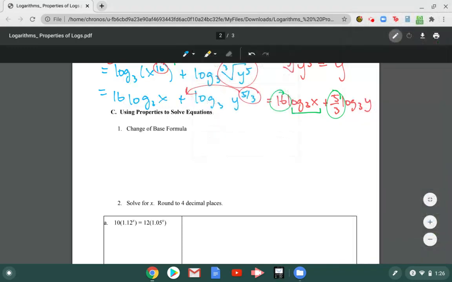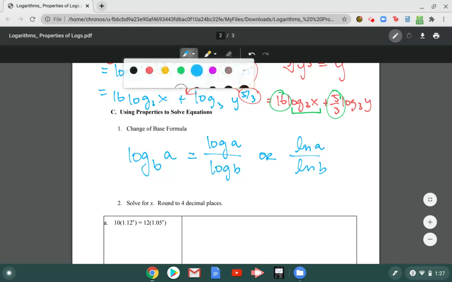So we can say log base b of a is equal to, and I want to change it into a base that's easy to use, like the common logarithm or the natural logarithm. So I'm going to write it in terms of both. So you can either do log a over log b, or you can write this in terms of the natural log, ln a over ln b.